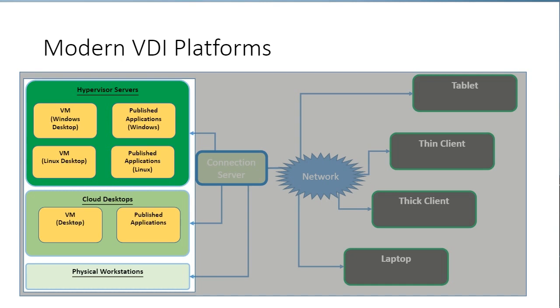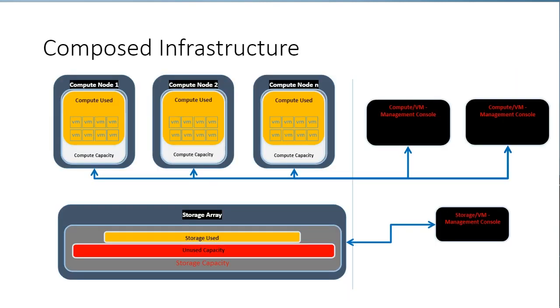Let's go back a few years and talk about what VDI looked like in the early days. We had something called composed infrastructure. In composed infrastructure, you basically have the servers and you have the storage. The storage tends to be in large storage arrays.